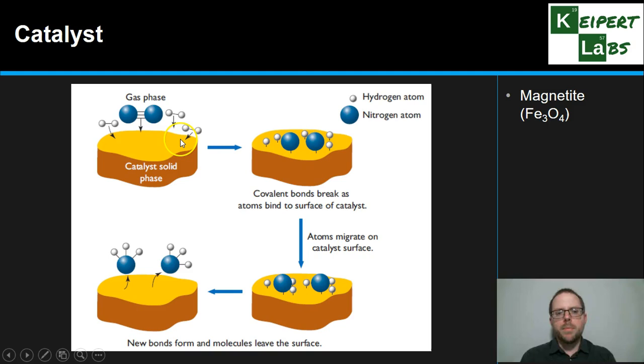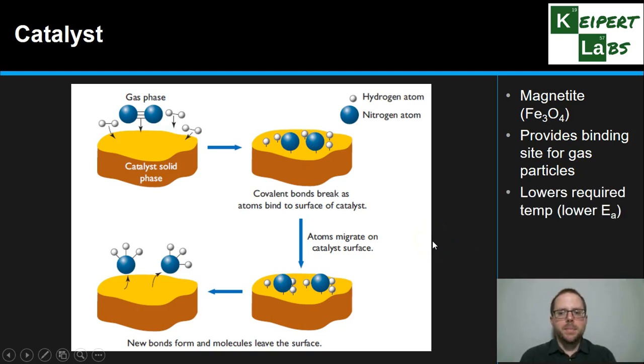Okay, so as they make contact and then attach onto, or adsorb onto, the surface of the catalyst, it helps facilitate the breaking of the covalent bonds. The atoms on the surface can then readjust and reconnect into a new arrangement and then leave the surface.